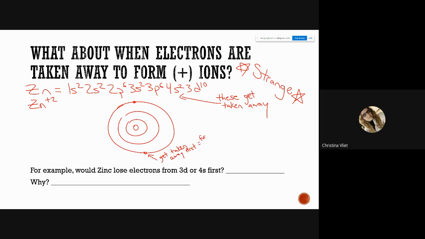Furthest energy level, highest energy level. So you take away from the 4s. How many do you take away for Zn2+? 2. So it would be 4s because it's furthest from the nucleus.